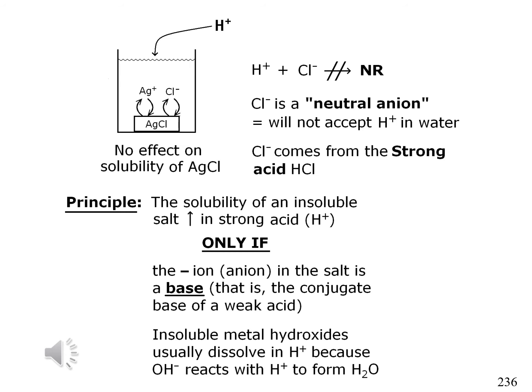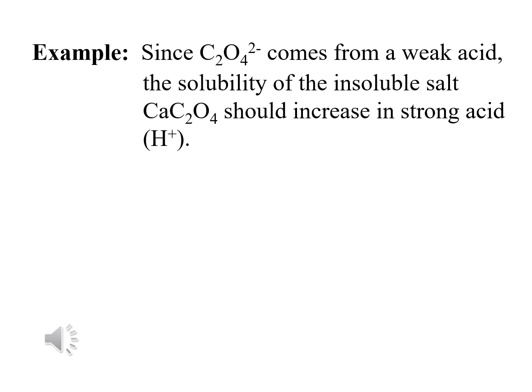The principle is that you can only increase the solubility of an insoluble salt with an acid if the negative ion is a base. And it could be one of 2 types of bases. It could either be a weak base, which is the conjugate base of a weak acid, and you would find that in table 2, the Ka table, or if the negative ion is OH, that will also increase the solubility in an acid.